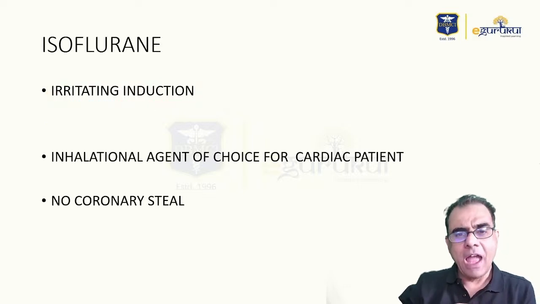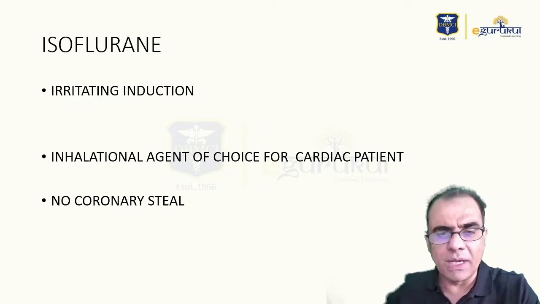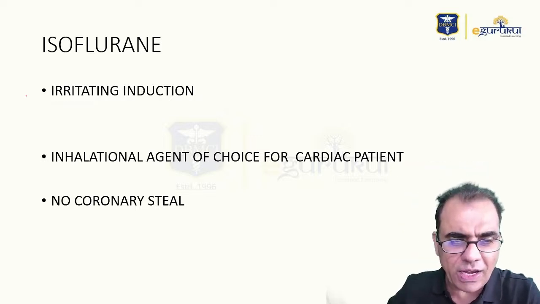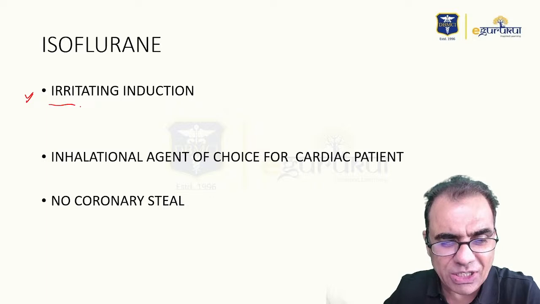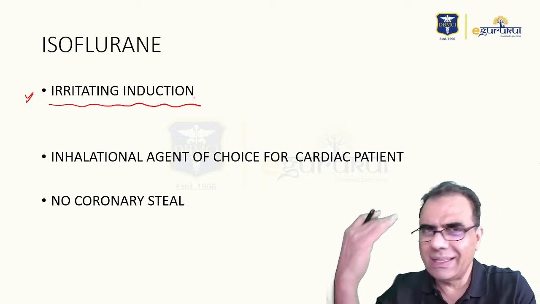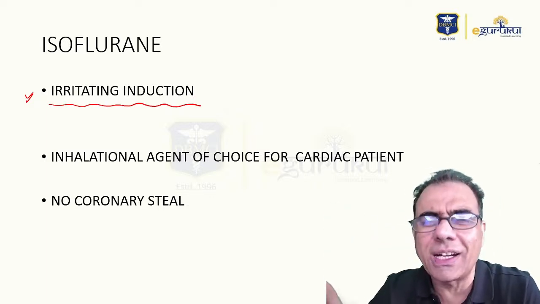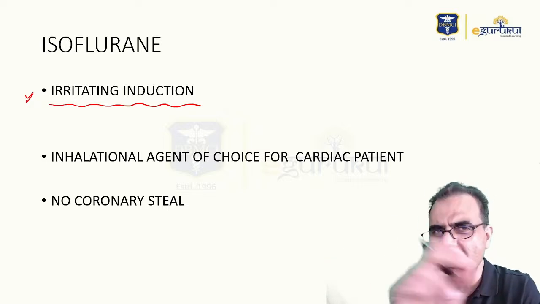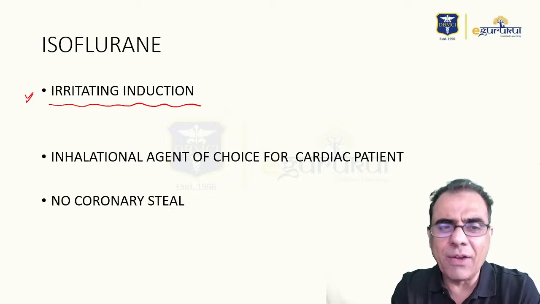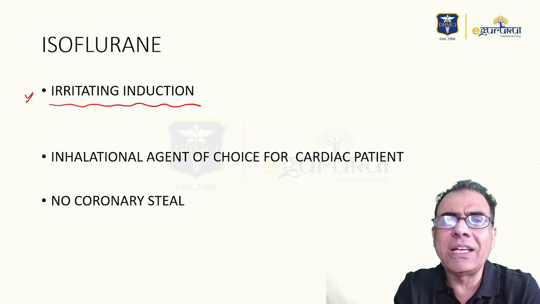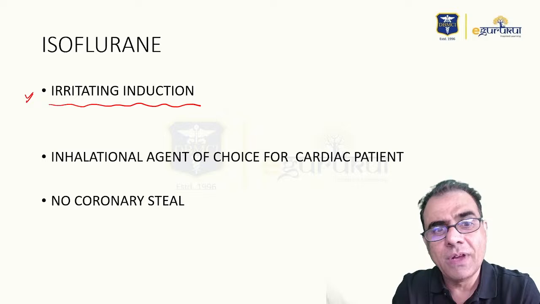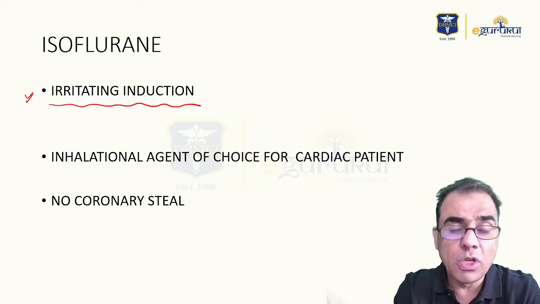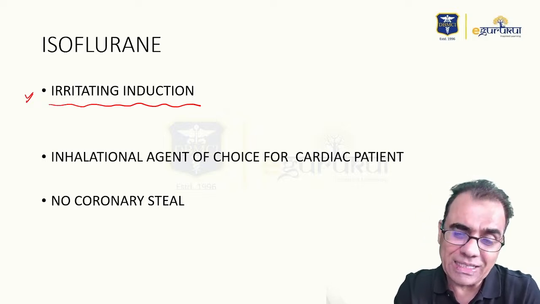Isoflurane. What you can remember is that isoflurane has an irritating induction. Normally for induction we use an IV agent, but in some specific situations, which we'll discuss, inhalational agents are also used for induction. Isoflurane cannot be used because it has an irritating induction.